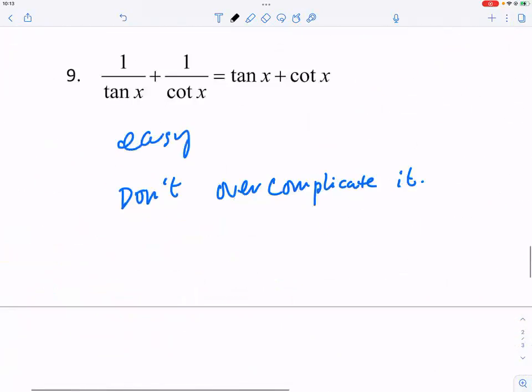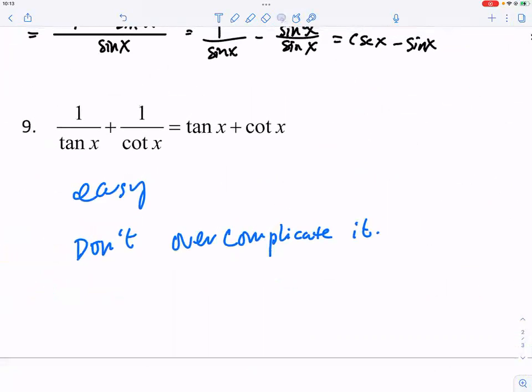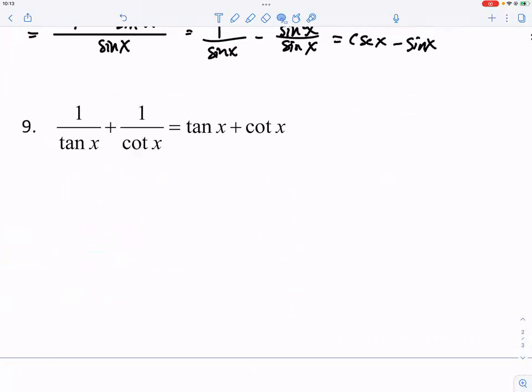Okay. Number 9, I think I wrote down it's easy. Don't overcomplicate it, because all you need to do is to make a common denominator of tangent x and cotangent x, and by doing so, you have cotangent x plus tangent x. And what's tangent x times cotangent x?